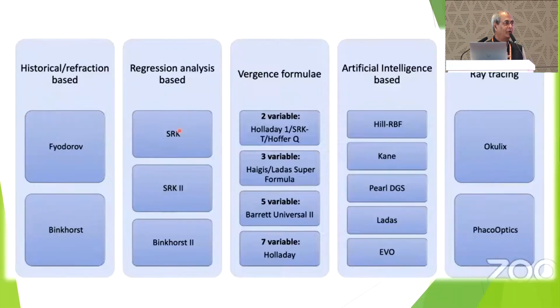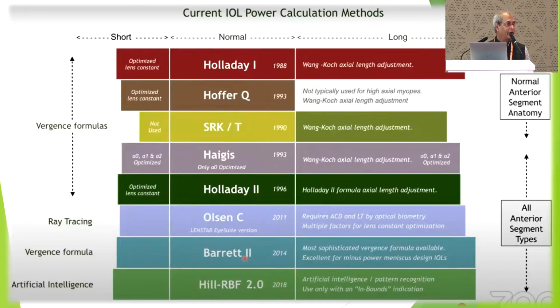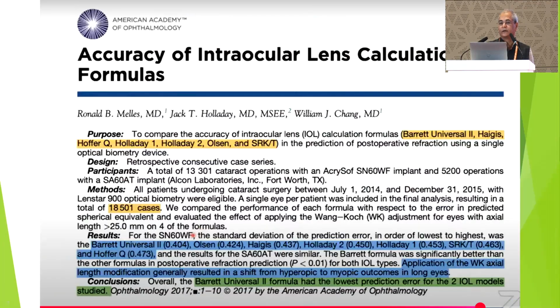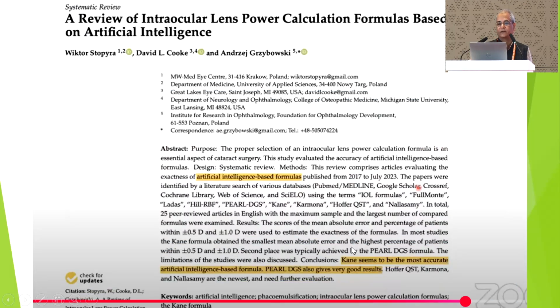Now formula, already we know. In every presentation we see that for normal cases all the formulas are good, but in extreme cases, the Barrett's, Olsen, and nowadays the latest formula Hill are better. So Barrett's formula in this study was shown to be better than the others when they were comparing the IQ Alcon lenses.